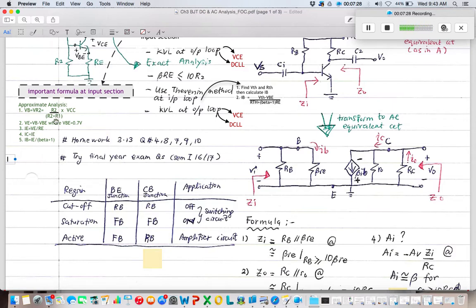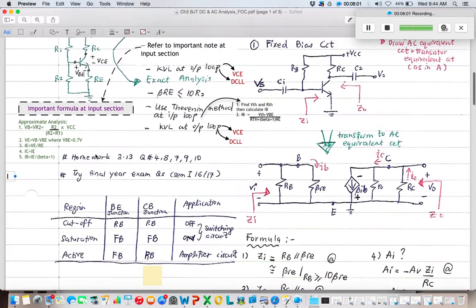Whatever RE value is here, you just replace it and calculate the value to obtain IE. And then the next formula is IC is approximately IE, and IB is IE over beta plus 1, or you have another one, IC equals beta IB. So you can also use that formula as well.